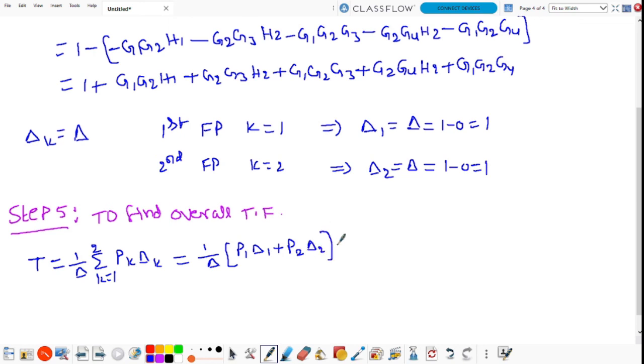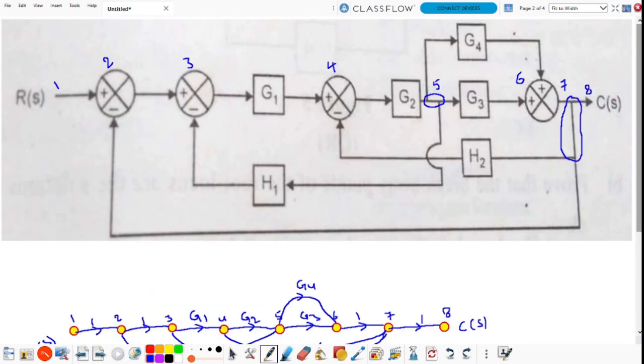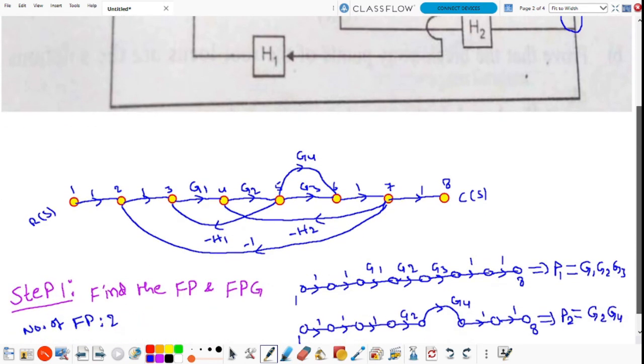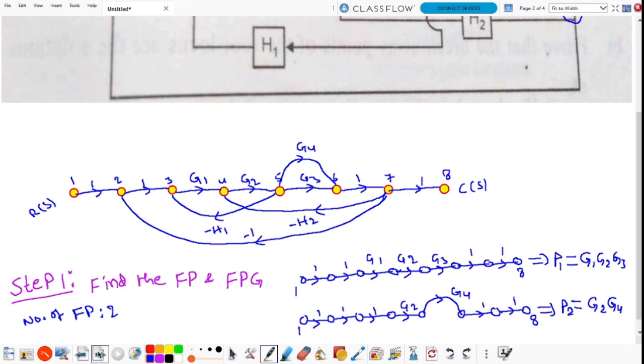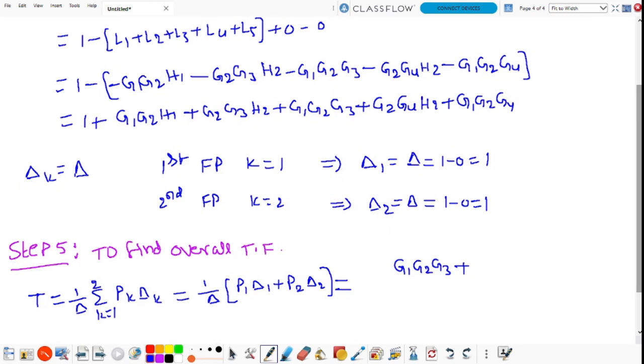Now P1 is G1 G2 G3, into delta 1, which is 1, plus the second forward path gain P2, which is G2 G4, into delta 2, which is 1. So divided by delta. What is the delta?